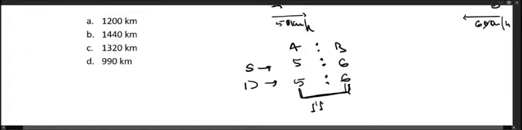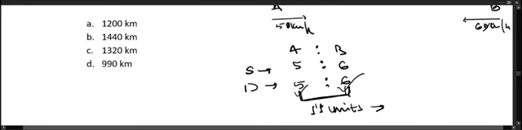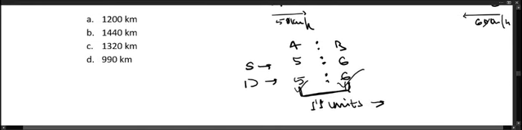So we have to find the total distance, that is, the value of 11 units, because the distance traveled by A is 5 units and the distance traveled by B is 6 units, and we are given that B has traveled 120 kilometers more.